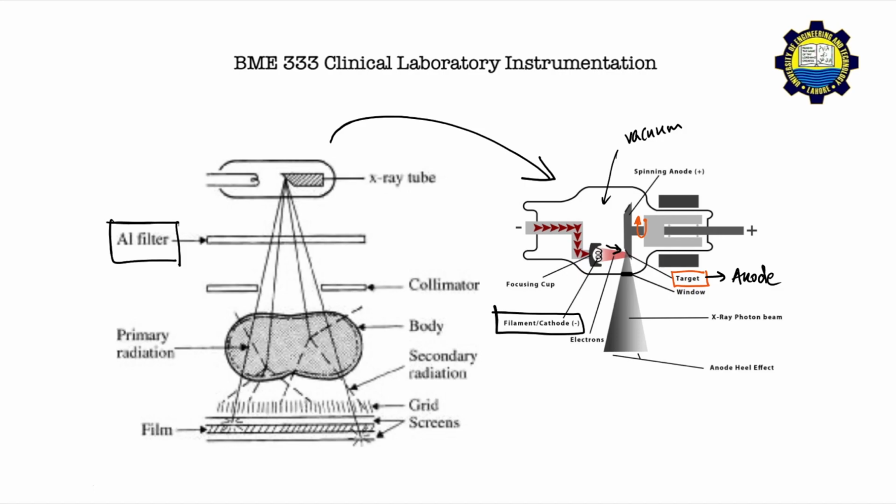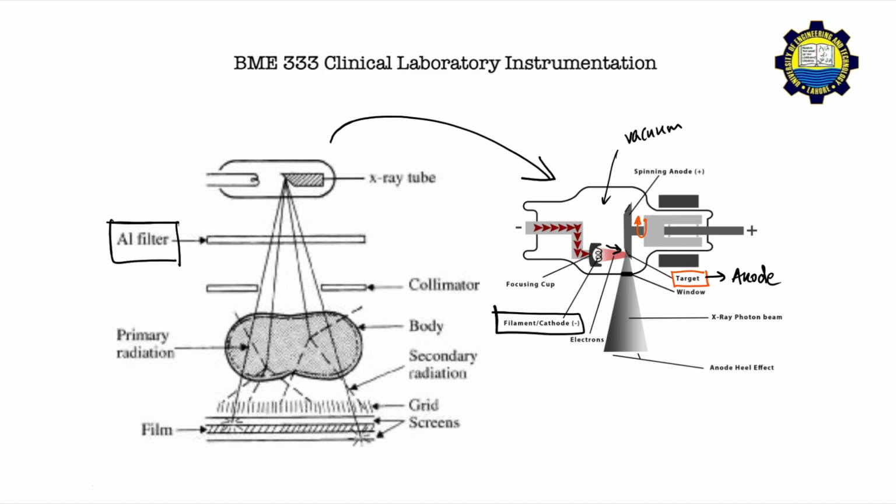So it's just going to result in a higher dosage of X-ray to the patient, and the result of the X-ray scan that we're going to see is not going to be sharp enough. The sharpness will be affected because those low energy photons are going to get absorbed in the soft tissue.